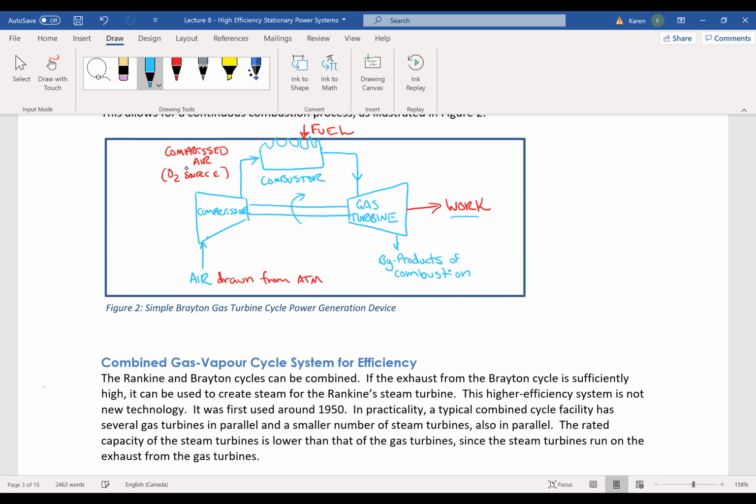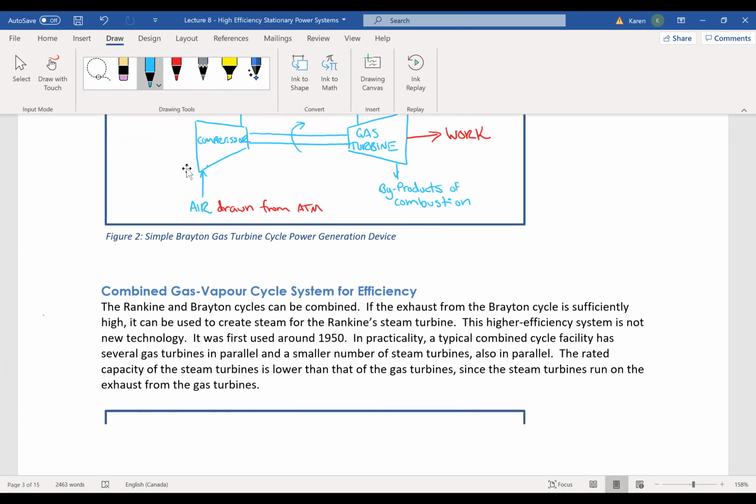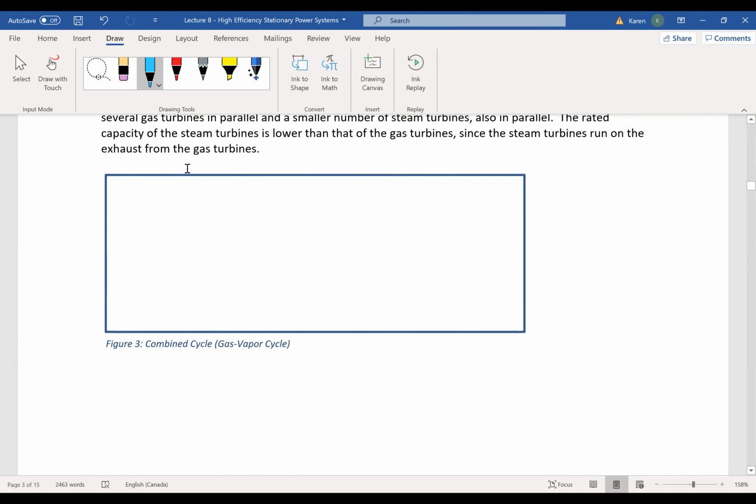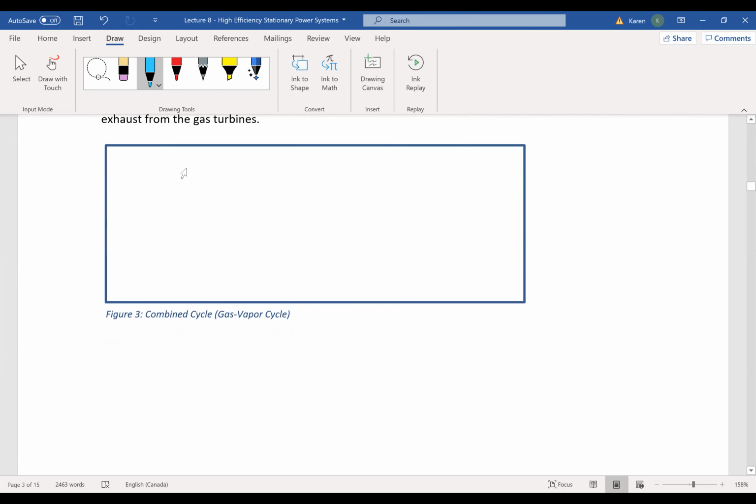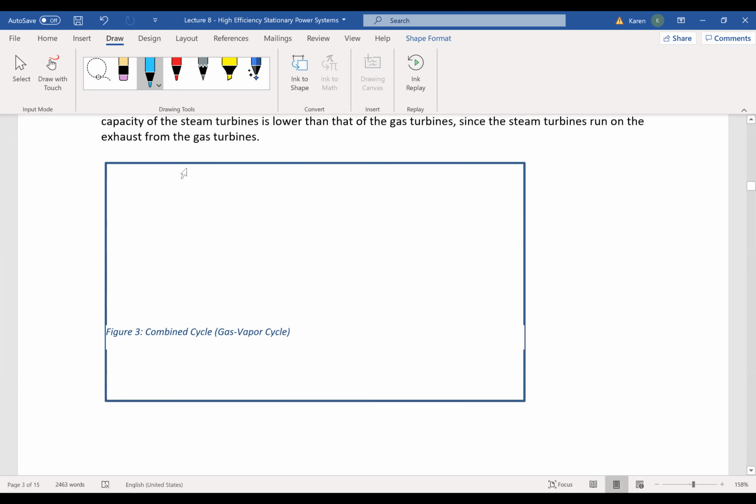And that work can do mechanical work right away, or it can be connected to a generator to make electrical energy. So that's another one of our conventional power systems. I think it's important to review those conventional power systems before we can investigate a combined cycle, which is the gas vapor cycle.